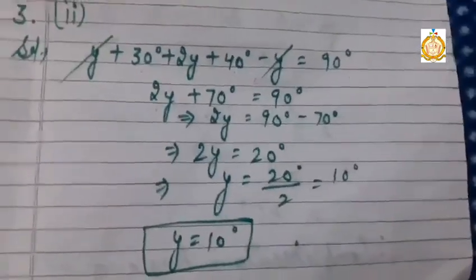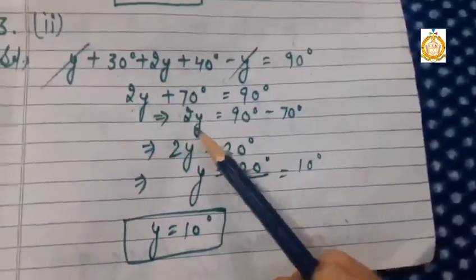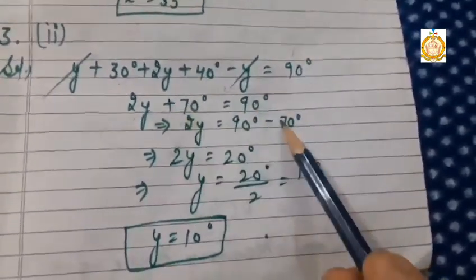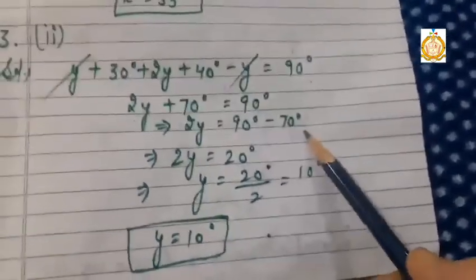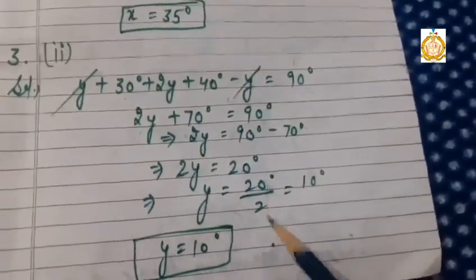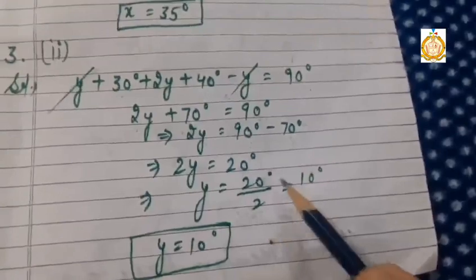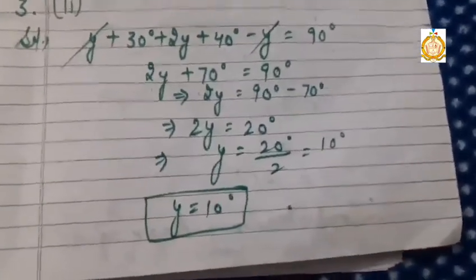Now we have to solve this equation for the value of y. So 2y would remain on the left side of the equation and 70 would come on the right side of the equation and become negative. 90 minus 70 is 20. So y would become 20 degree upon 2. So its value would be 10 degree. Our value of y is 10 degree.